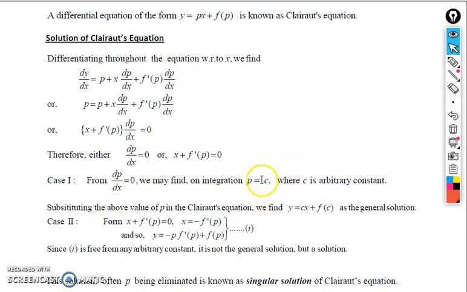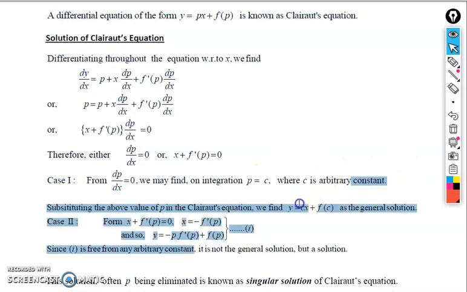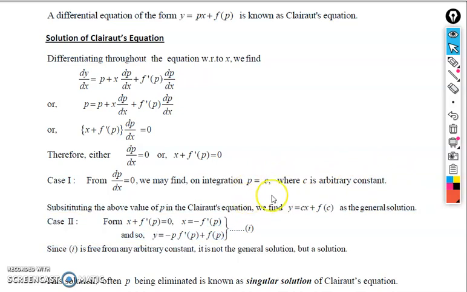When p is a constant c, where c is an arbitrary constant, then substitute this value of p in equation 1, that means in the first equation. When we substitute p equals c in the first equation, this is known as the general solution.